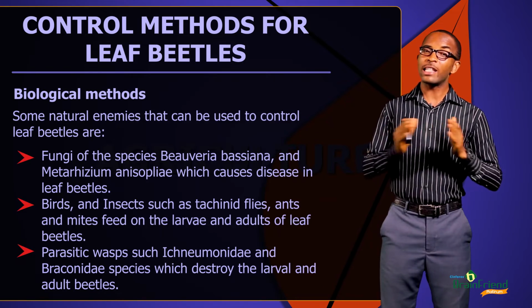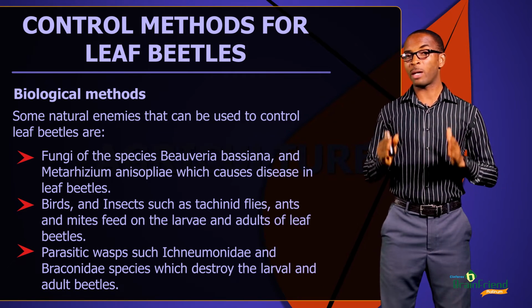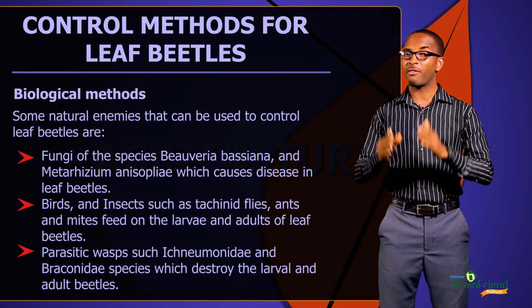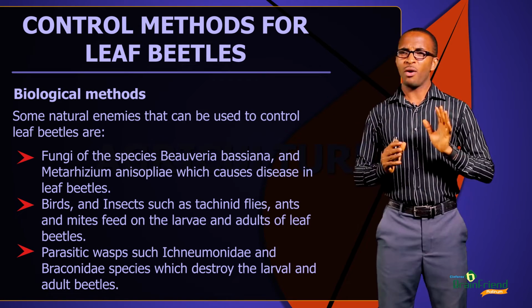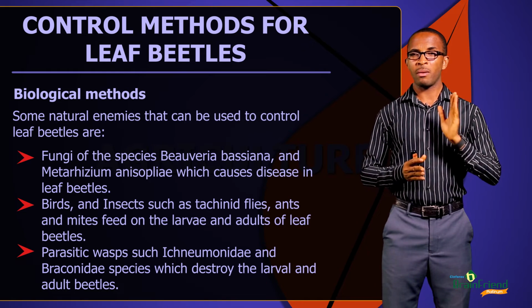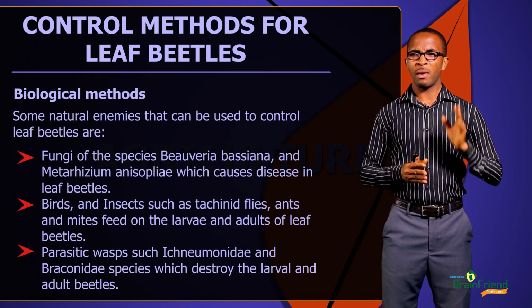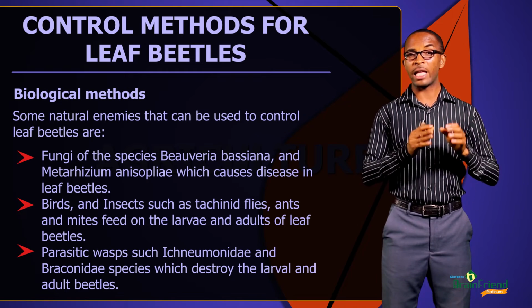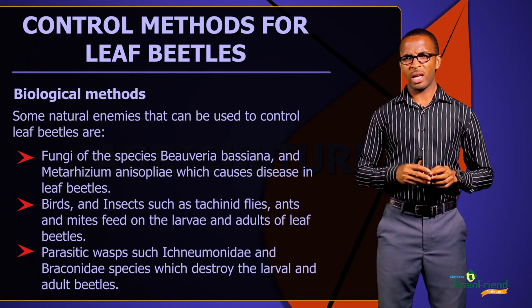That brings us to the last method used in controlling these insects, and that is the biological method. Just like other insects that we've talked about under pests of crops, these particular insects too have natural enemies. Fungi of the species Beauveria bassiana and Metarhizium anisopliae cause disease in these beetles.